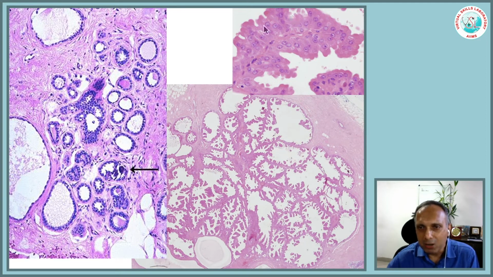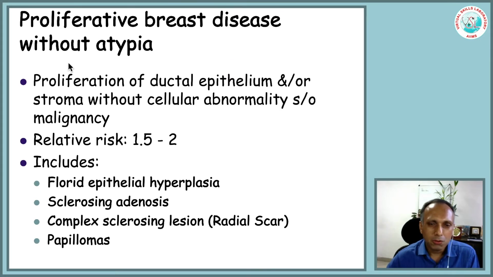In higher magnification, you can see this epithelium has abundant eosinophilic cytoplasm, round nucleus, prominent nucleoli. These are the apocrine change, which is also a part of fibrocystic disease. And of course, you can see the fibrosis around them. So there are proliferative breast diseases. What I have so far talked about is non-proliferative breast disease.